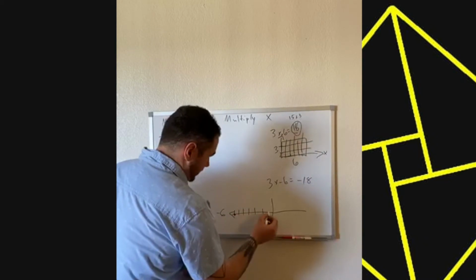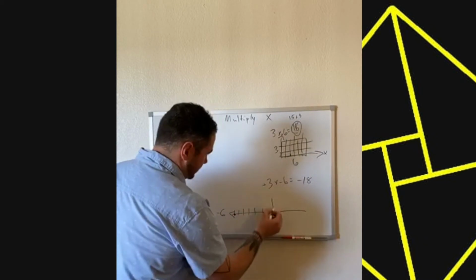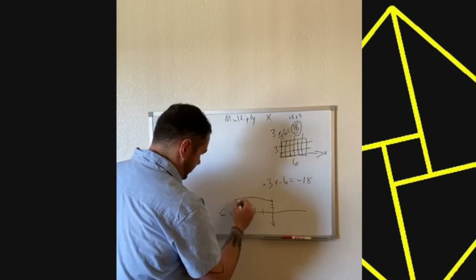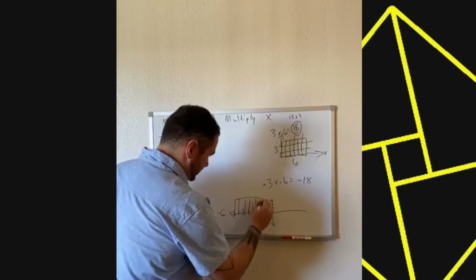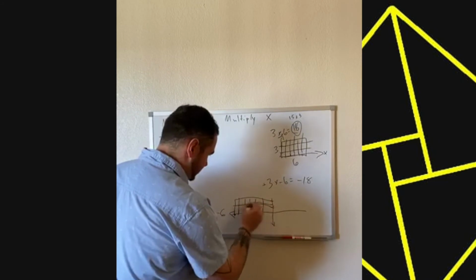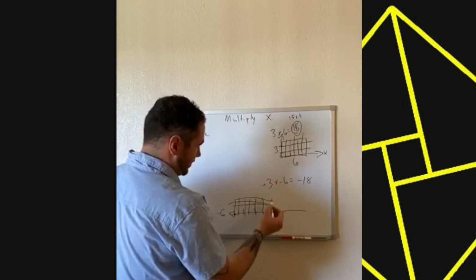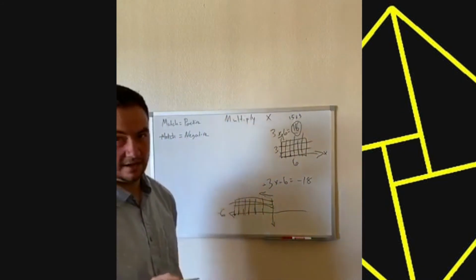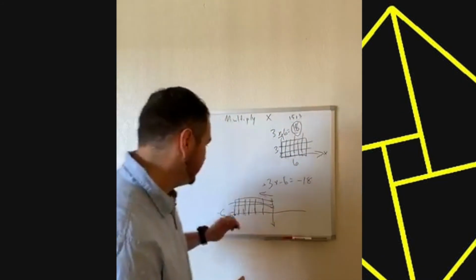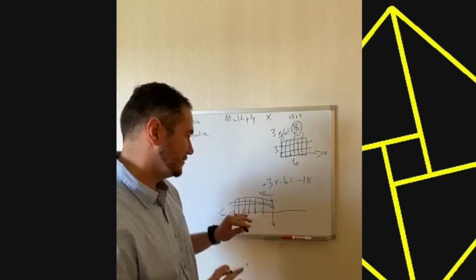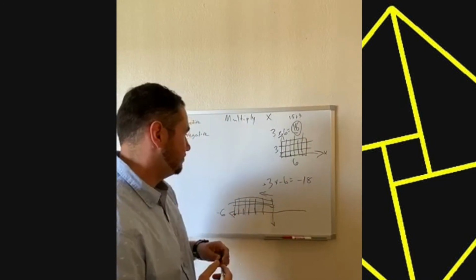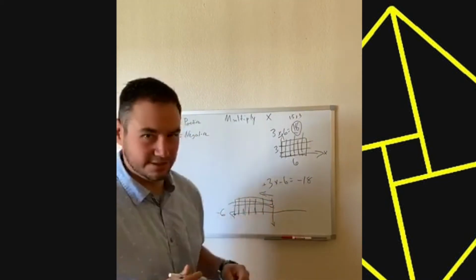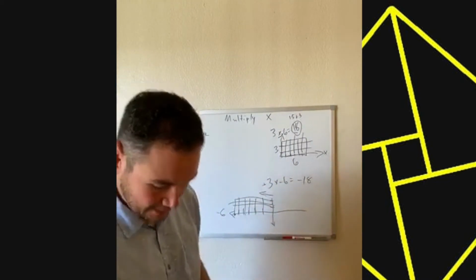And then positive 3, right? So 1, 2, 3. Cool? So this is technically the same amount of space, right? This is still 18 squares, but it's 18 squares to the negative side, all right? And that might be a little bit much for some of the younger kids, but that's the idea as to why if it doesn't match, it results in a negative number, all right?